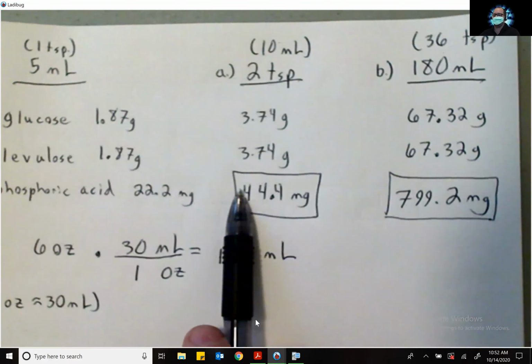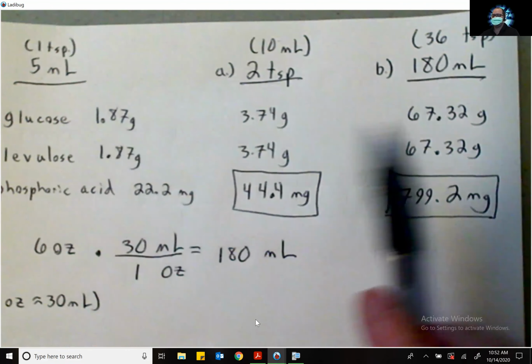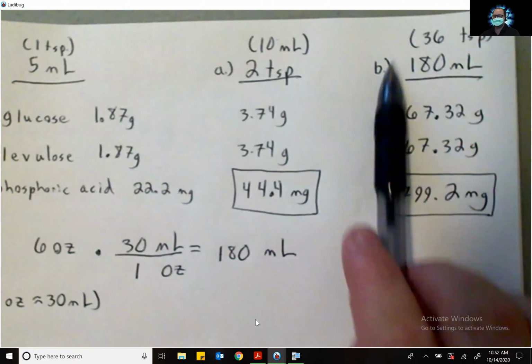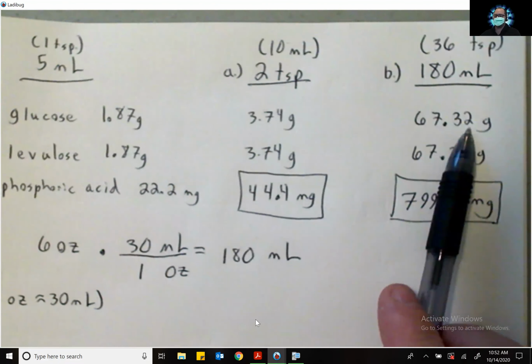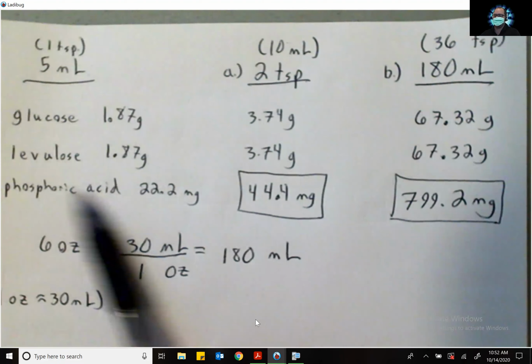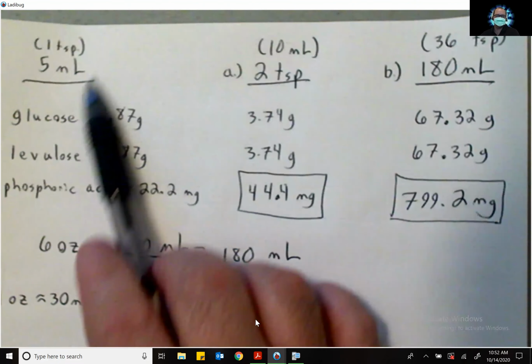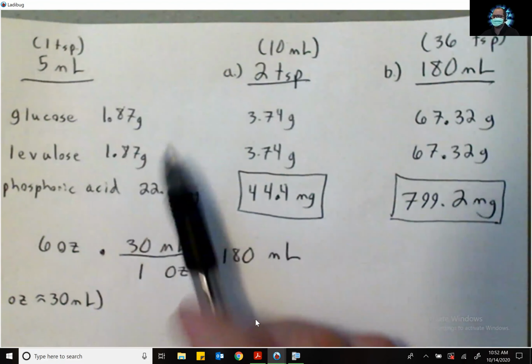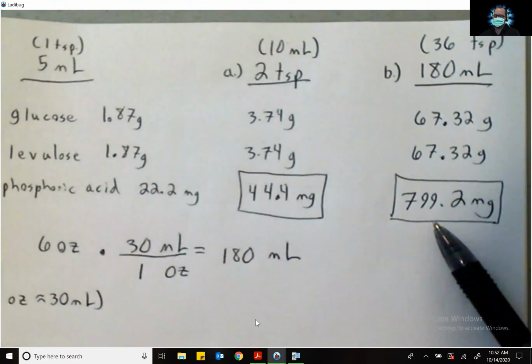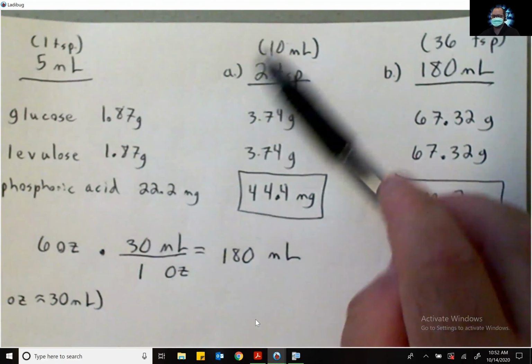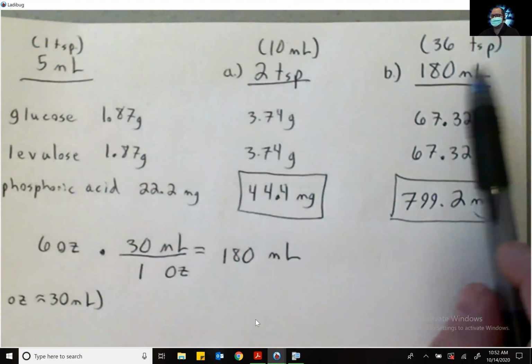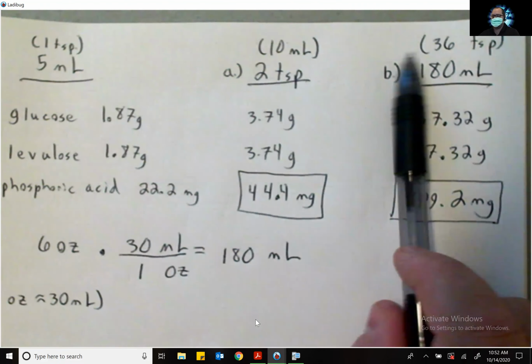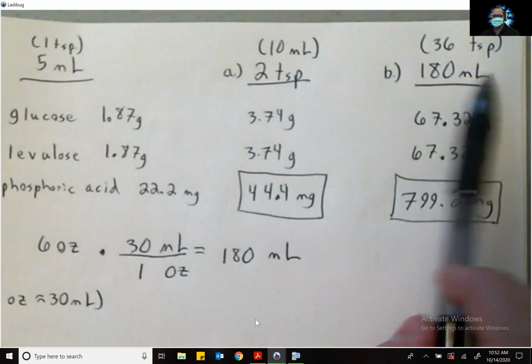But when we're going from 5 milliliters to 180 milliliters, we needed to multiply our original recipe by 36. Take all these and multiply it by 36. Or another way to think about it is, if you know what a doubled recipe is, to get up to 180, you multiply it by 18.